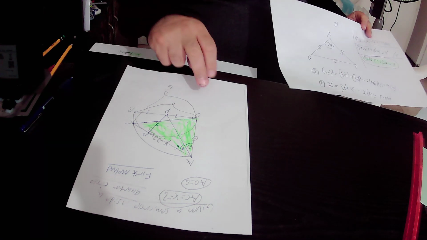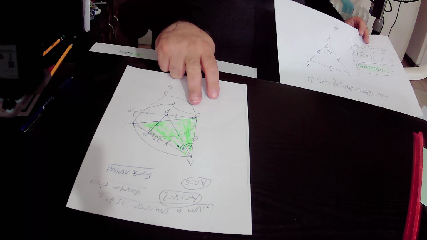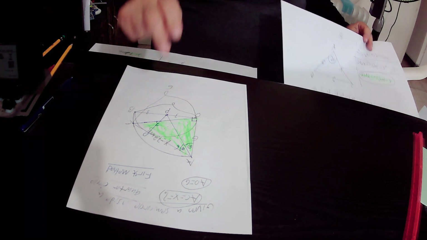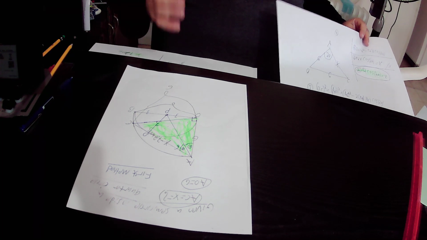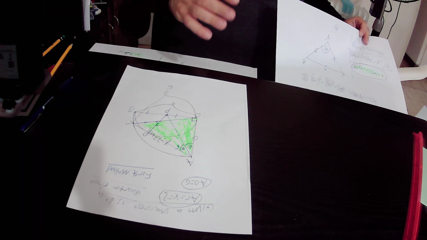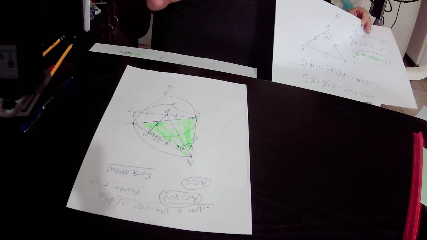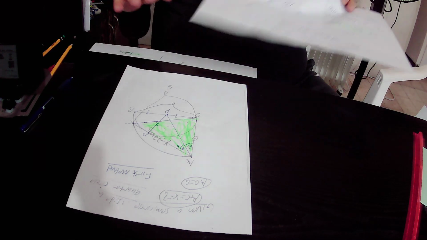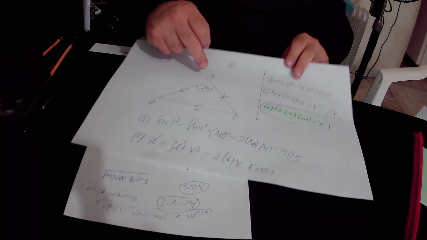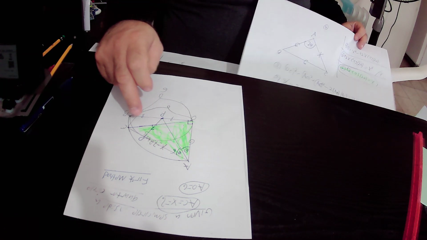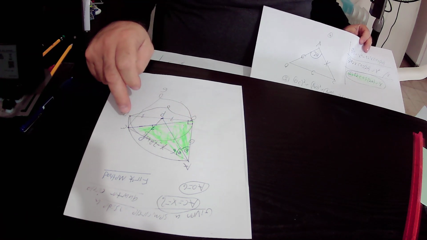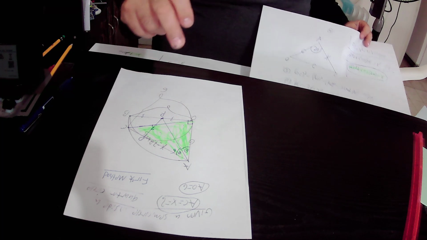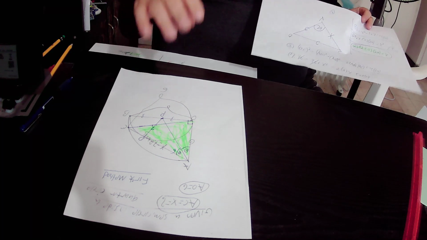OC: O is the center of the quarter circle, C is a point on the quarter circle itself, and this is exactly the definition of a radius. That is to say, OC is the radius of the quarter circle, equal to 6 units. So OC equals 6 units, and AC is the line segment that we are looking for in this question. AC equals x.